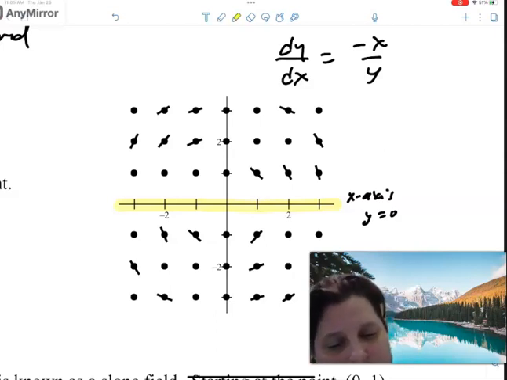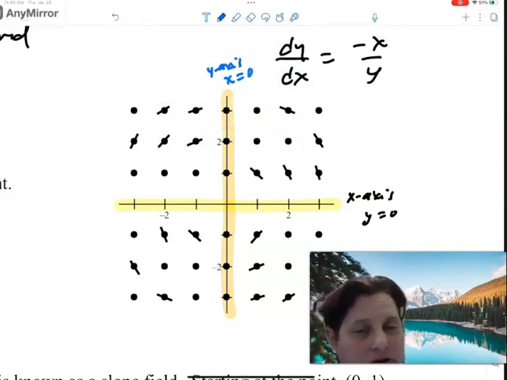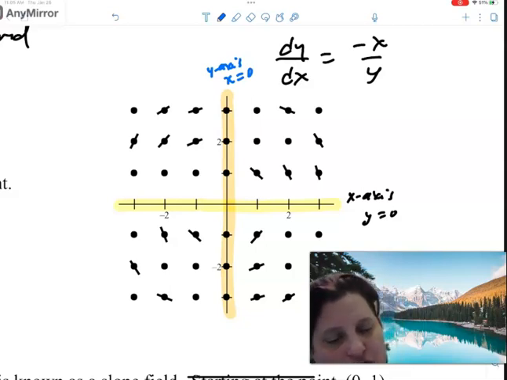I like looking at the axes first when I'm doing this. Let's take a look at the y-axis. What can you know about the slopes on the y-axis, when x is 0? I need to slow down because I'm saying my words wrong. The y-axis is when x is 0. So let's take this point right here, that's the point (0, 1), and the slope for that would be 0.